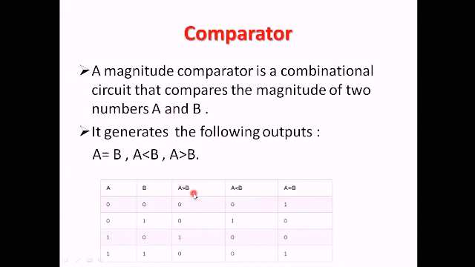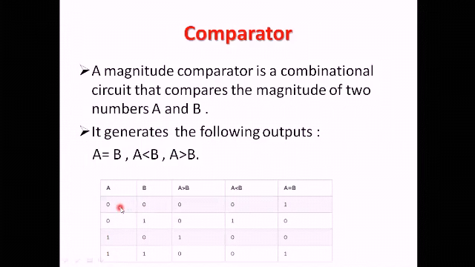Let us see the truth table of the 1-bit comparator, where there are 2 numbers A and B, and the magnitudes will be compared and we will get the corresponding results. First is 0, 0. Next is 0, 1. Third is 1, 0. And fourth is 1, 1. The first case is 0, 0.